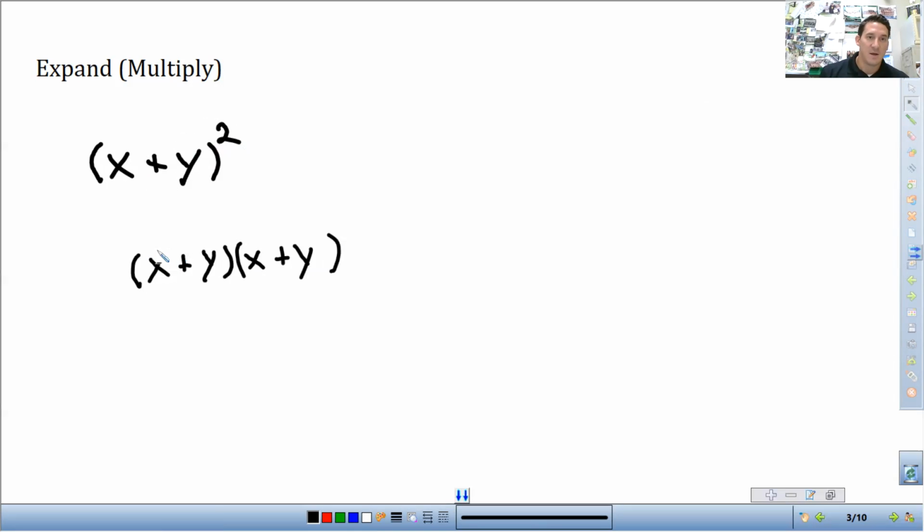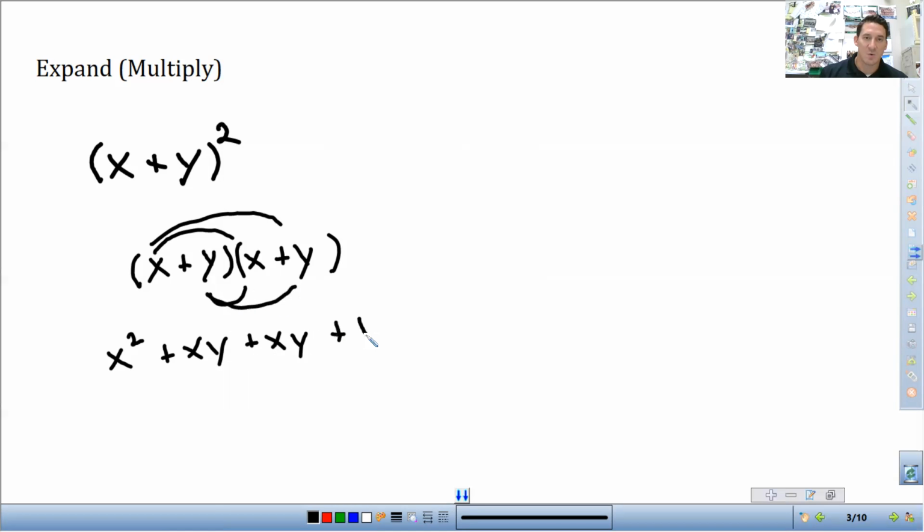And then you distribute, so x times x is x squared, x times y is xy, y times x is xy again, and then y times y is y squared. Combine like terms in the middle, so you get x squared plus 2xy plus y squared.